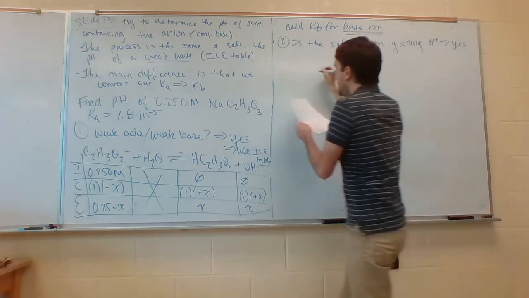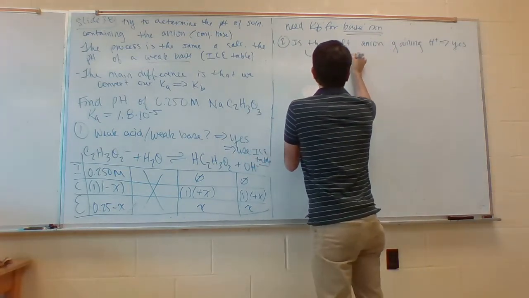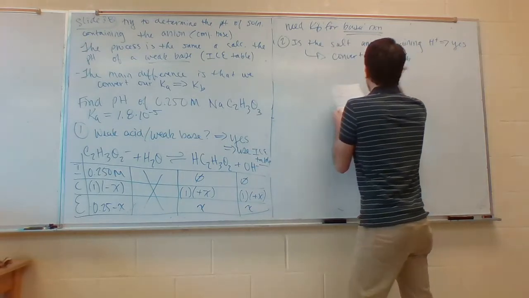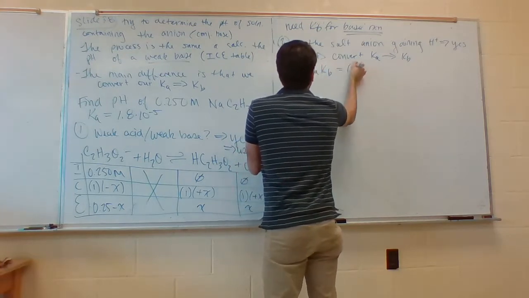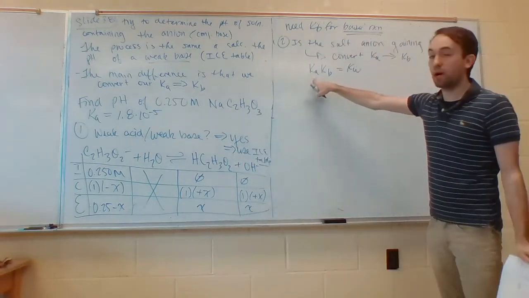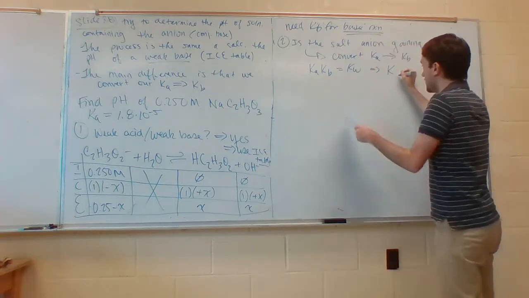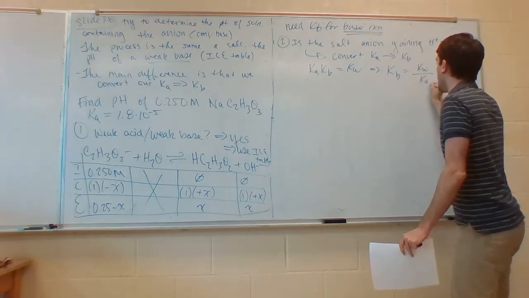If it's yes, then what you have to do is convert Ka into Kb. We know that Ka times Kb is equal to Kw. We know our Ka and we know Kw. So we've used algebra to get Kb, which is equal to Kw divided by Ka.